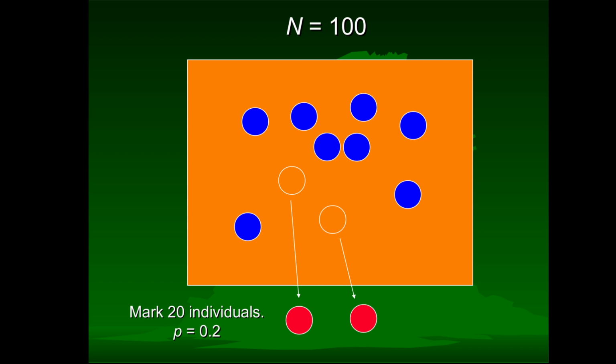So now the proportion marked is P equals 20 over 100, which is 0.2. That's M over N, the number marked divided by the total N that we want to estimate. We don't know what it is yet. So we can also think of P as the probability that a random individual in the population is marked.